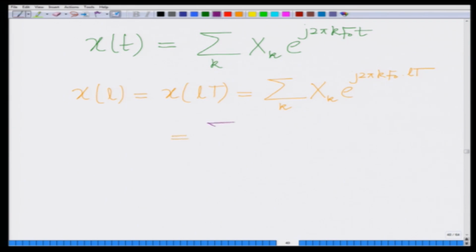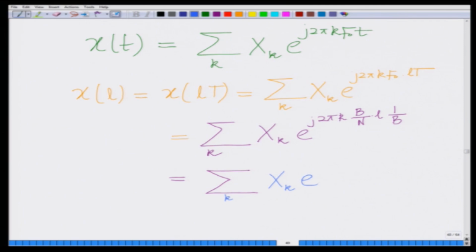Remember, f naught is equal to B by N, and the sampling duration T is equal to 1 over B. Simplifying this further, I get summation over k of x k e to the power of j 2 pi k L over N, that is equal to x L.